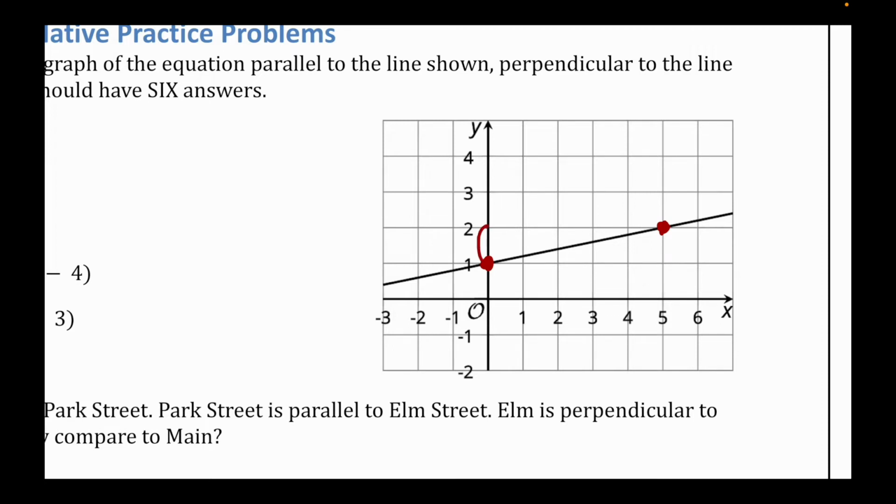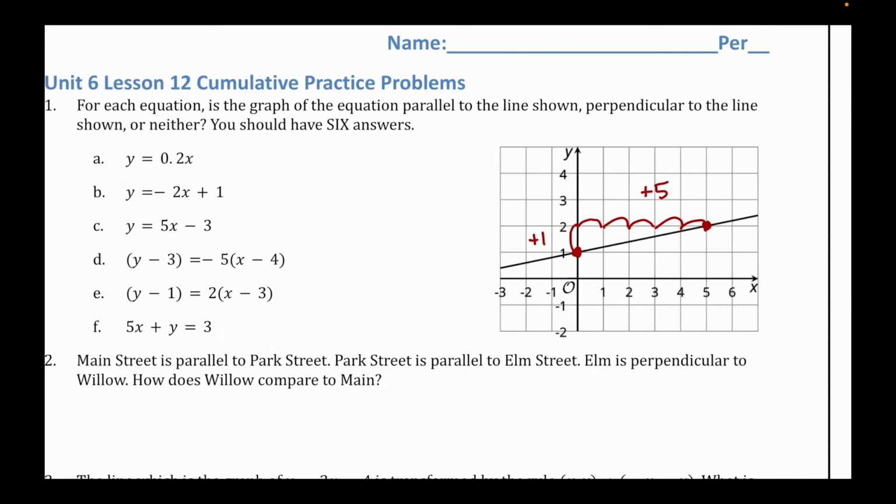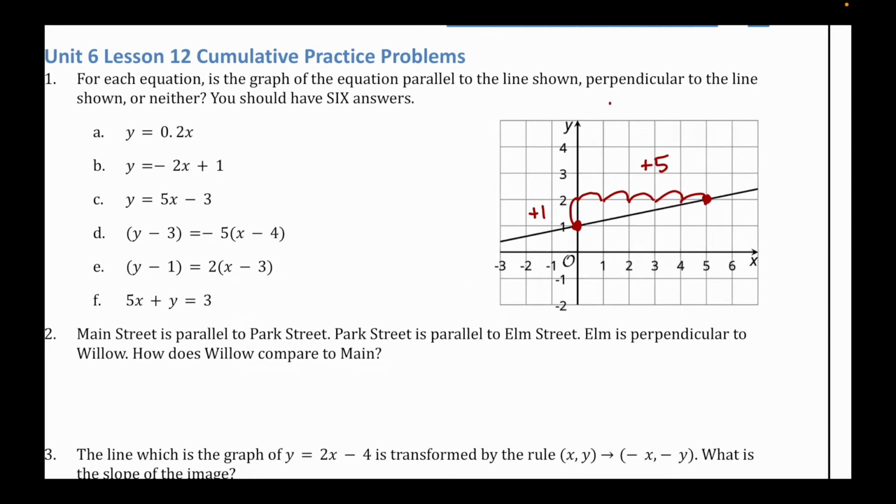It looks like I'm going up 1, and then to the right 1, 2, 3, 4, 5. So up 1 over 5, and since we have rise over run, this slope is 1 over 5, or 0.2.